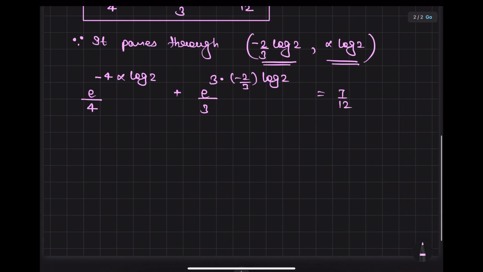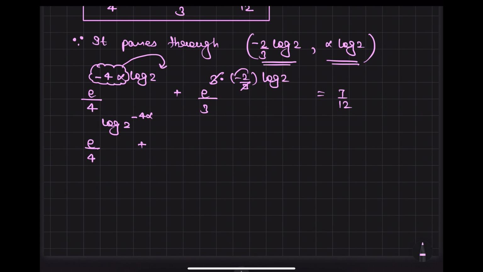Now look at this. You know that this thing is in the coefficient, so I'll substitute it on the power of the argument. So we will have e power log 2 to the power minus 4 alpha by 4. We will do the same with this element. So we have e power log 2 to the power minus 2 by 3 equals 7 by 12.